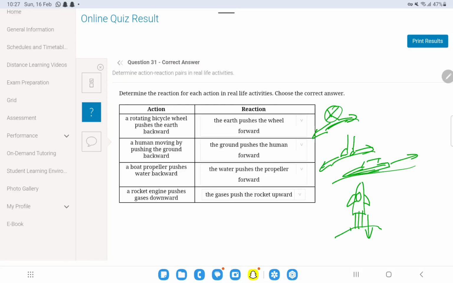So the ground pushes the rocket upwards. Sorry. The engine pushes the gases downwards, so the gases push the engine upwards. And this is all of the physics for week 9 CA.